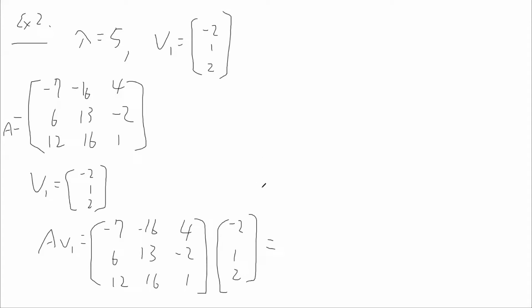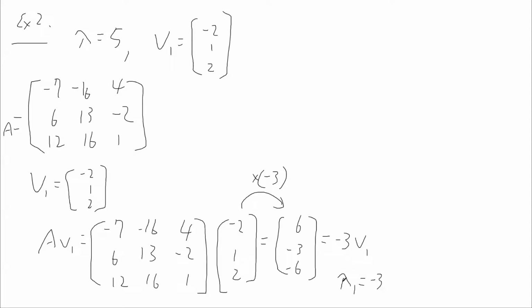When you multiply, we get (6, -3, -6). And notice the relationship between these two: if you multiply v1 by -3, you get that. So we can write this as -3 times v1. Then here, lambda 1 is going to be -3, which corresponds to this eigenvector.